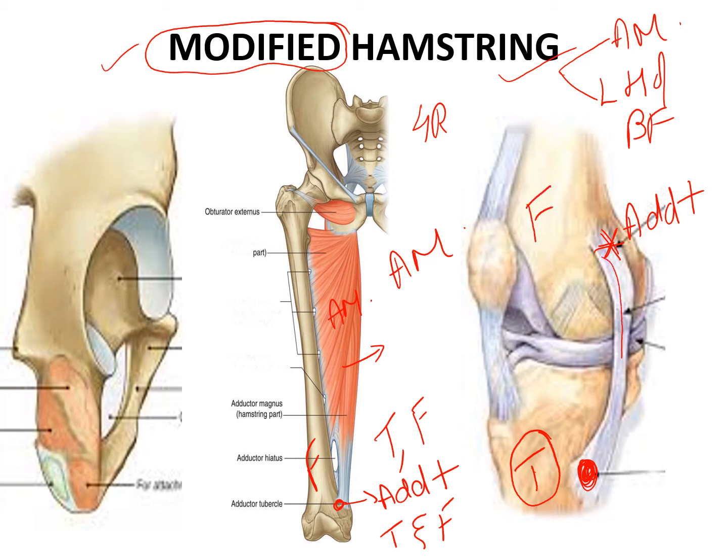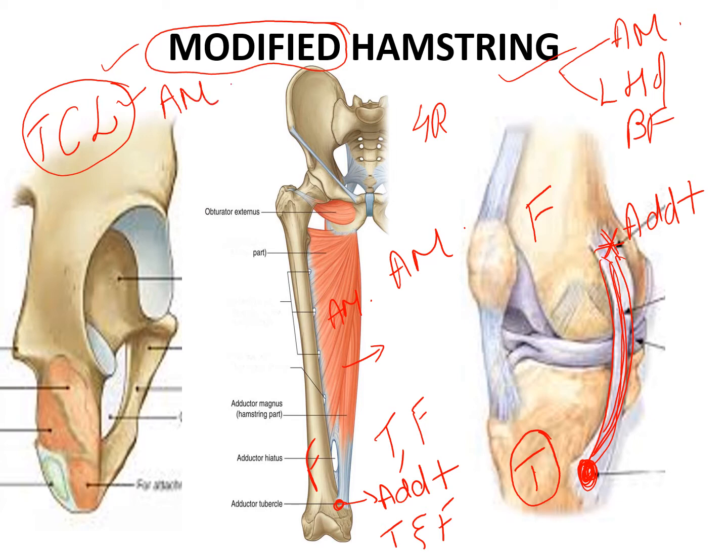So this part of the muscle got converted into a ligament, and that ligament is called the tibial collateral ligament. This ligament you will come across when you study the knee joint. So the tibial collateral ligament is a remnant of the adductor magnus muscle.